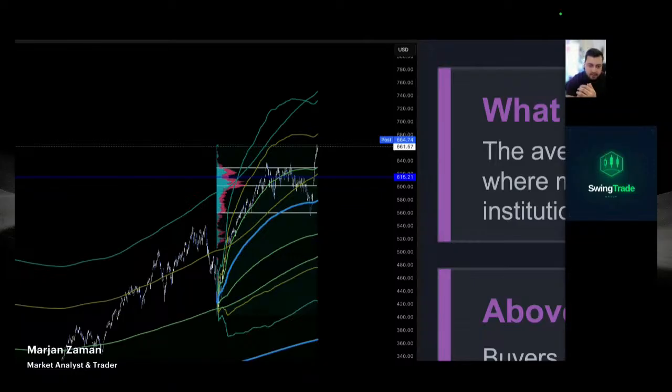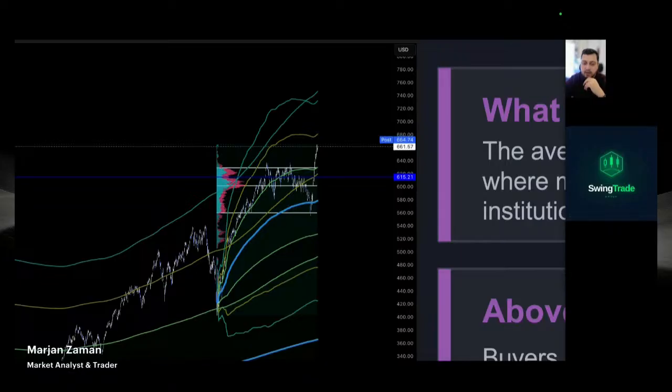For example, what the media was trying to share in the last several months was that the QQQ is extremely weak under 615. And look at what that means. When retail sees under 615, they think I should be selling because it's very weak.